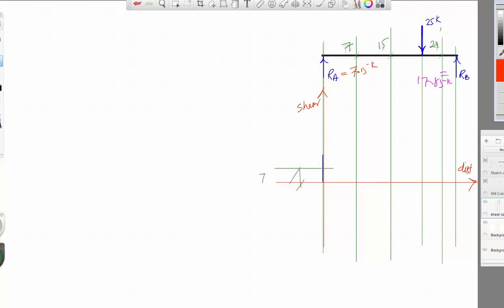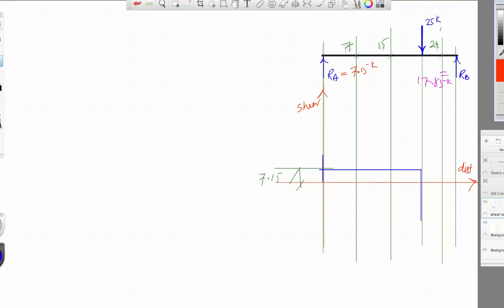So this is 7.15 millimeters, inches, whatever. And then if we move in this direction, you'll see there is no force changing this until you hit the 25. The 25 will bring this down by 25 units, or millimeters, or inches, or centimeters.